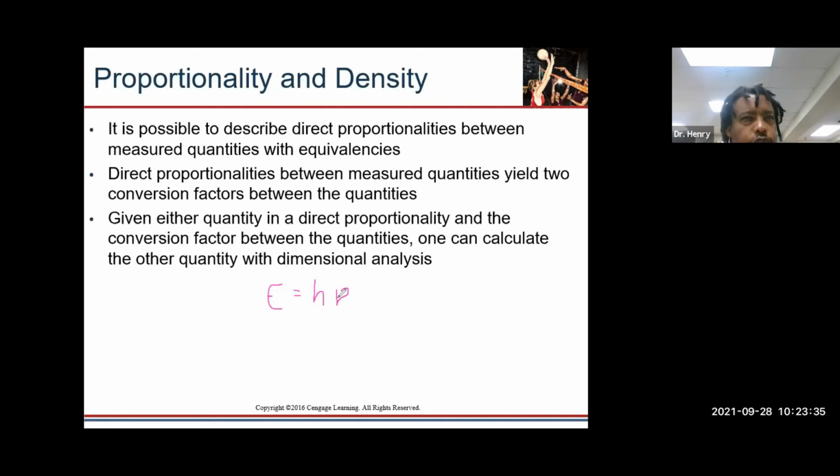This is a Greek letter called nu, and I'll type this out for you guys as well. Nu represents frequency.